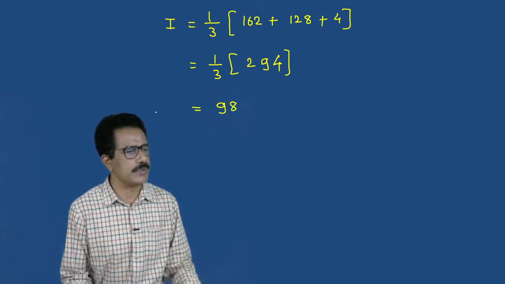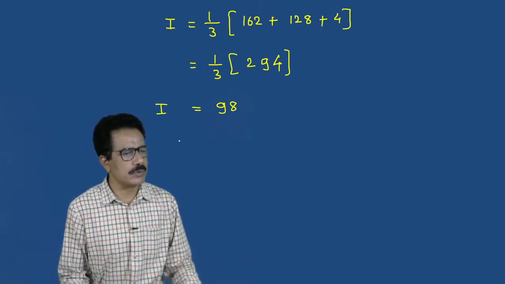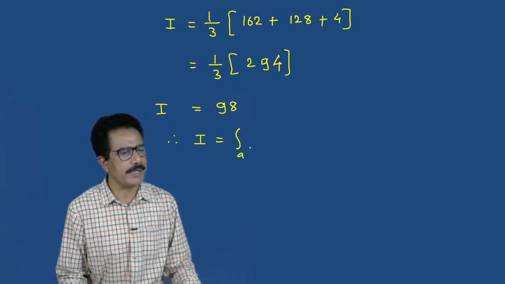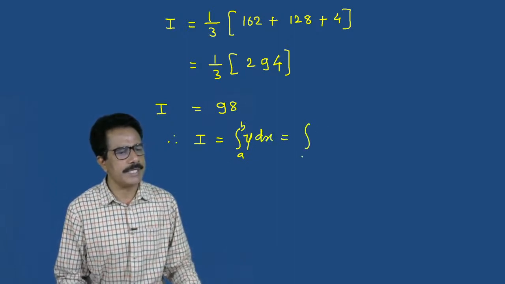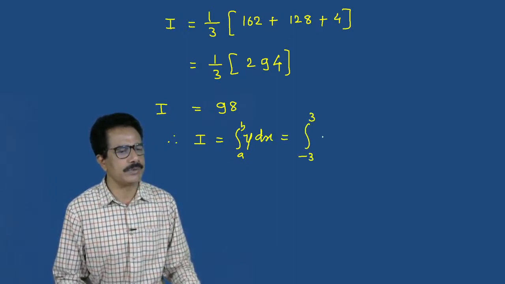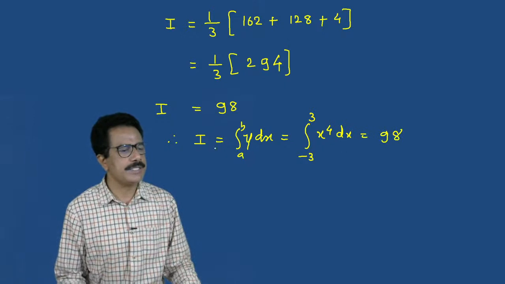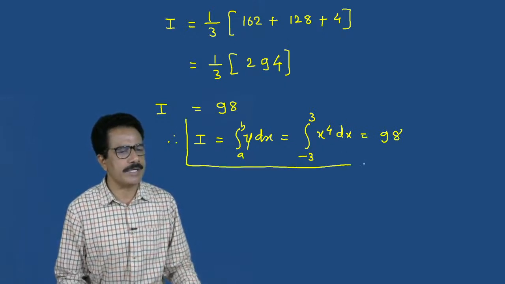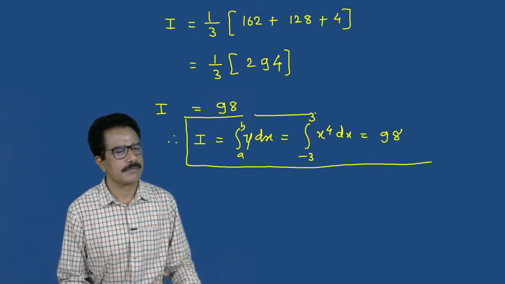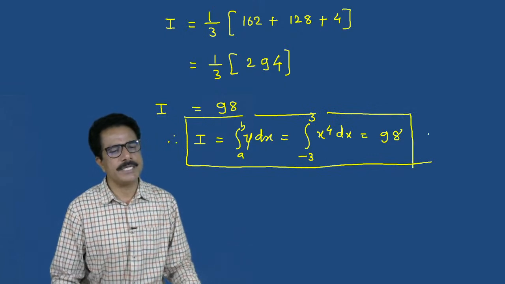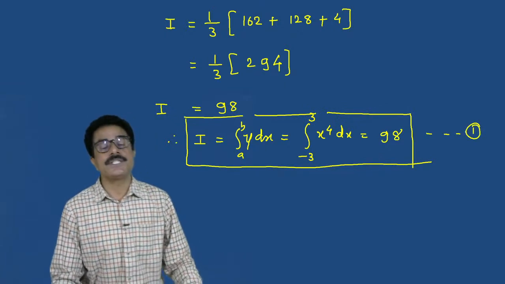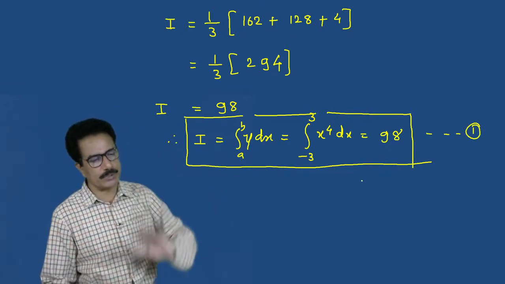3 8 24. So I is equal to, therefore I is equal to integral from a to b y dx, which is equal to integral from -3 to 3 x raised to 4 dx, which gives 98. This is by using the Simpson's 1/3 rule.